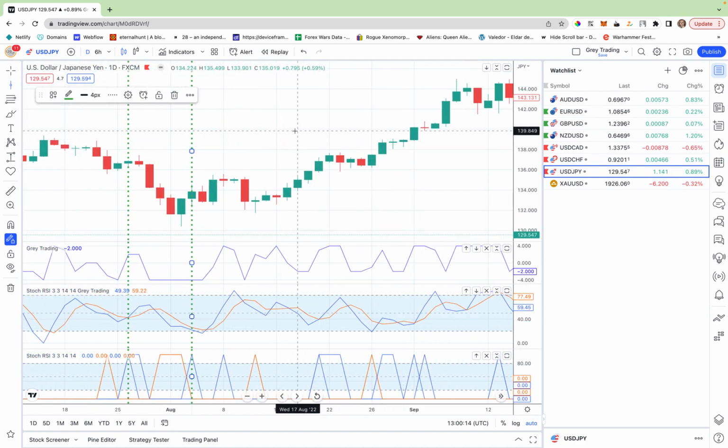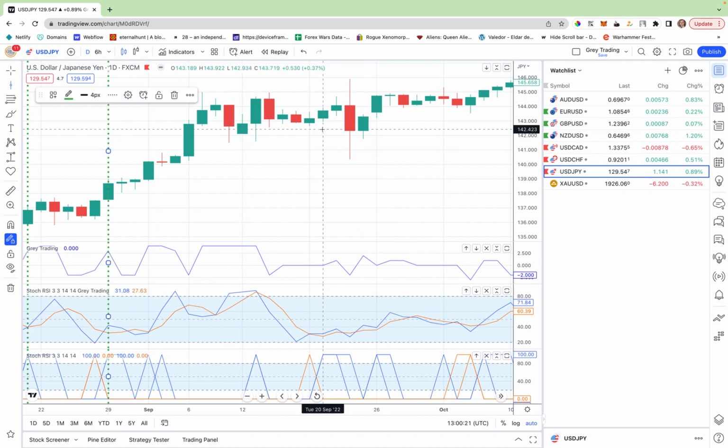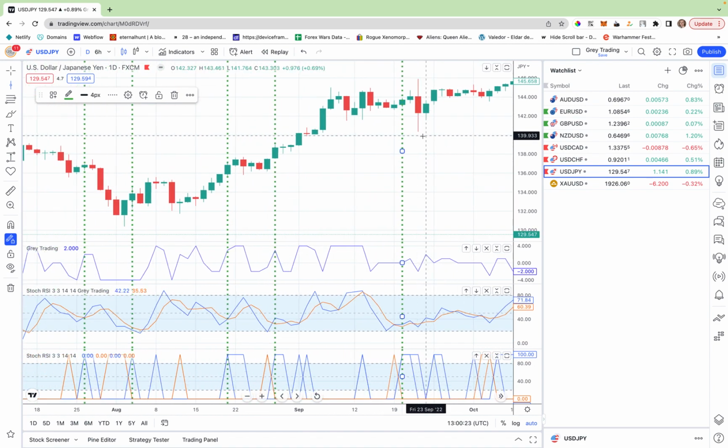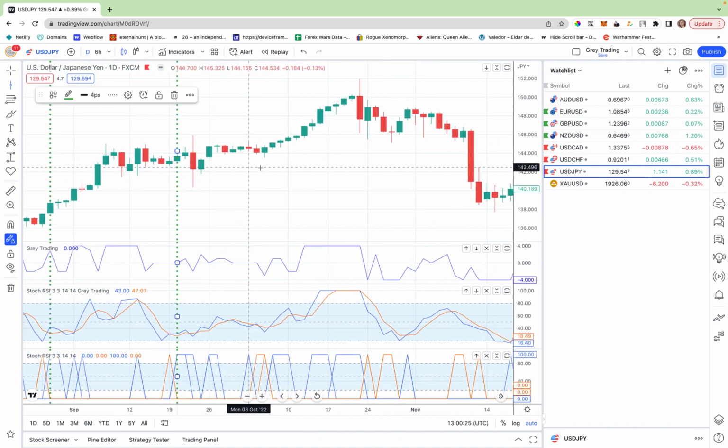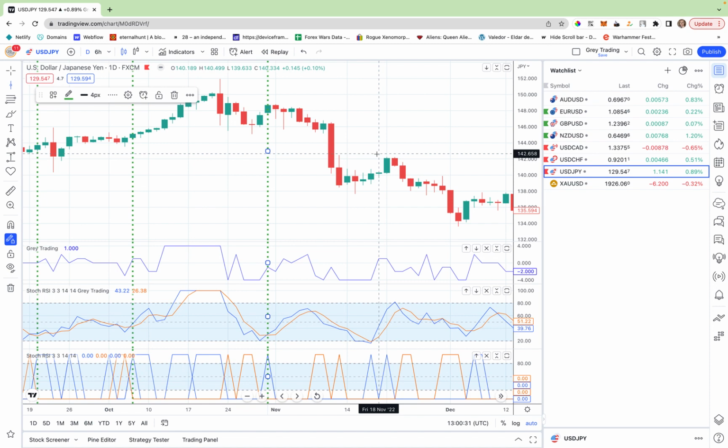But it shouldn't be too far out to get the timing right, so you can do this alongside a job. The indicator works on the daily time frame.